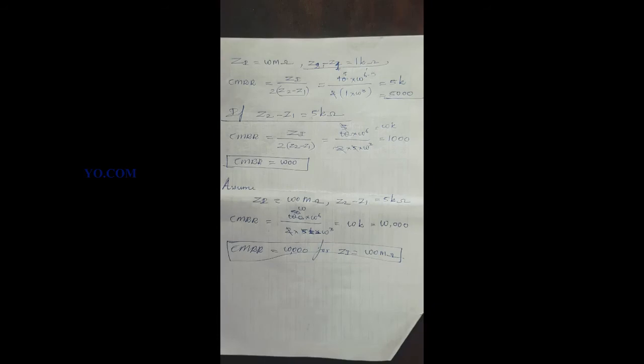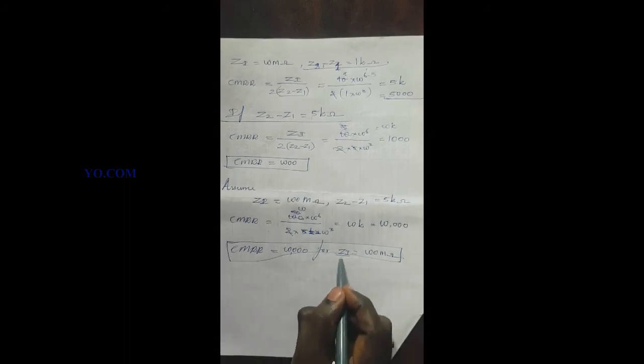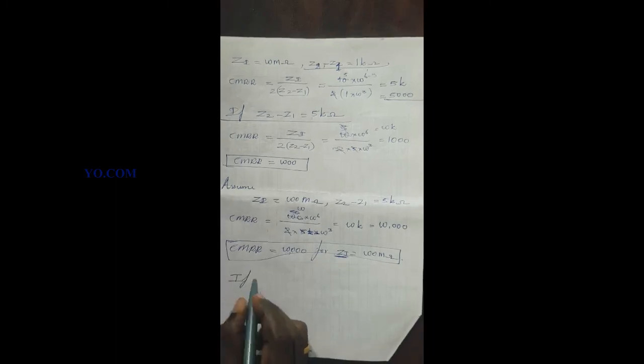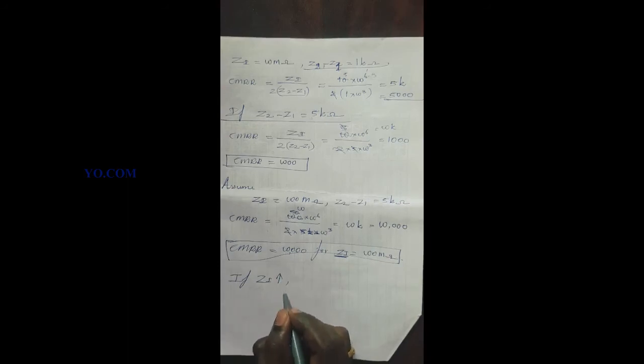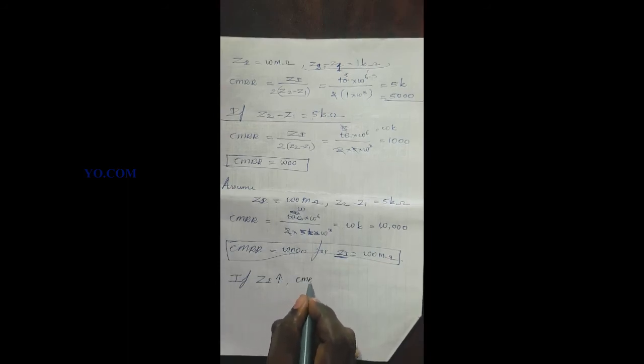So CMRR is generally very important. So to increase the CMRR, you have to increase input impedance Zi. So if Zi increases, then CMRR also increases.